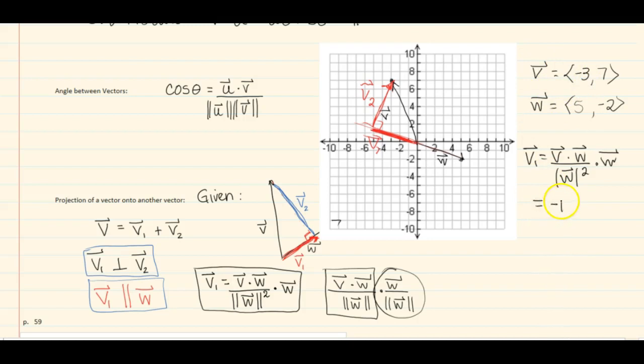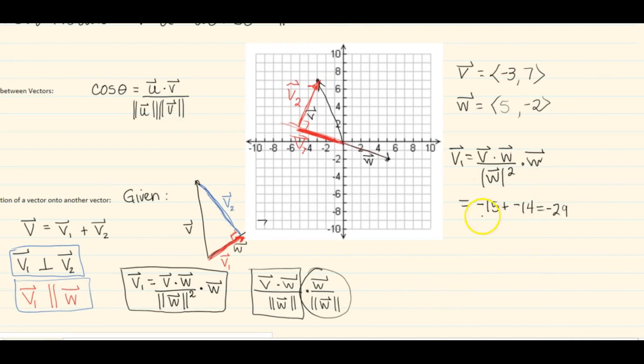I'm going to get negative 15 plus negative 14, which is equal to negative 29. Our magnitude of W is going to be the square root of 25 plus 4, because I'm squaring the 5 and squaring the negative 2. And then when we're done, we're going to square that. So when I do that, I'm going to get 29.